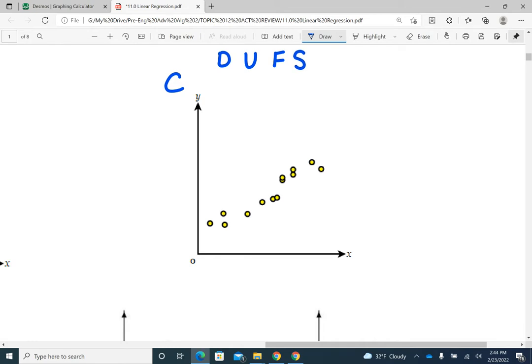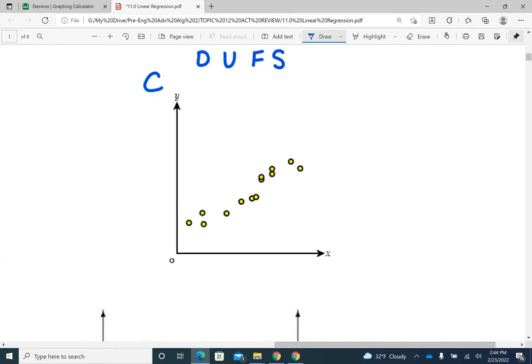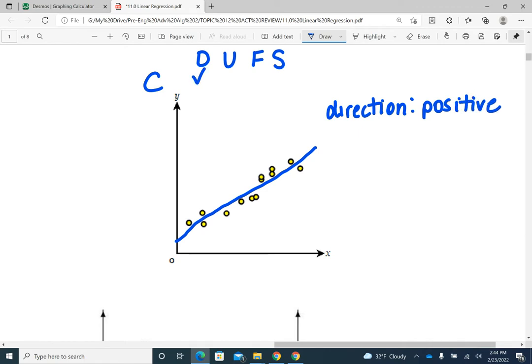Okay, so the direction. If I look at these points, I can imagine, let me try to draw a better line, that there would be a line that goes pretty much through the middle. To me, it looks like that line is going up, so I'll say the direction is positive. Unusual features: I don't really see any points that are way up high or way down low, or any points that are not going along with the pattern, so I would say there are no unusual features.